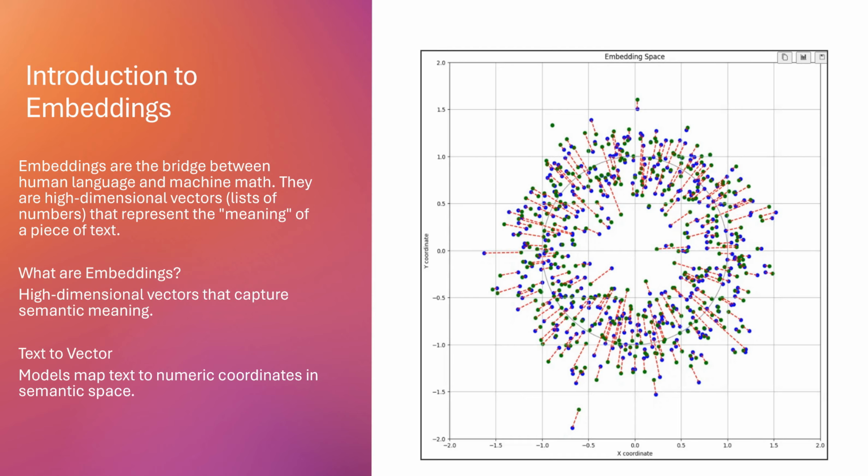Think of it like mapping things into a math space, where similar items are placed closer together. For example, in language, embeddings help AI understand that cat and kitten are related because the vectors live near to each other.